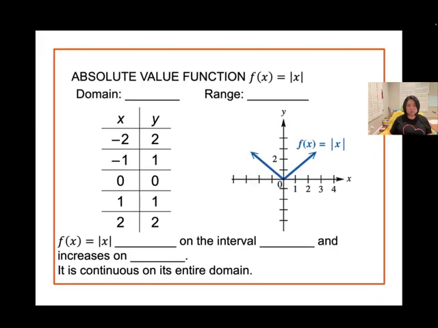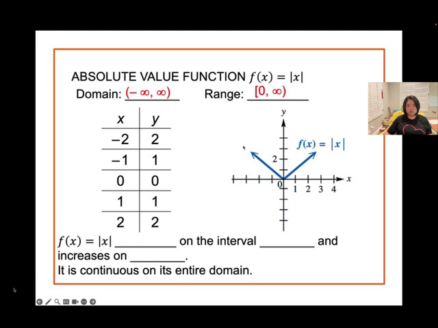Okay, last one. Try this one. Pretty similar to the parabola, right? So the domain is from negative infinity to positive infinity. Range is going to start from 0. This is the minimum point. So bracket 0 to positive infinity.